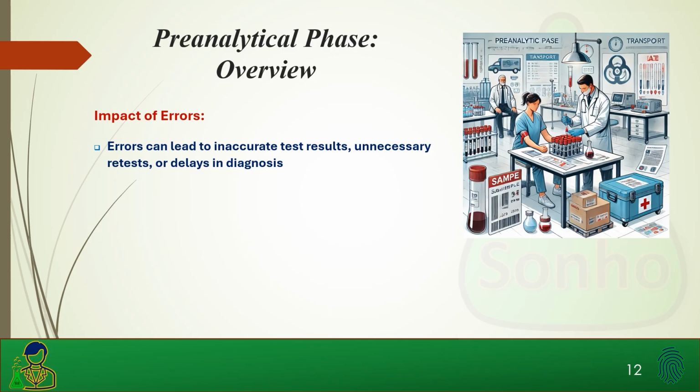Or worst case scenario, if it's hidden or not tracked properly, it can lead to inaccurate test results. If there's a stability issue, if you're testing a pathogen and it got to an elevated temperature for an extended period of time, and the DNA and the pathogens have degraded, you may not be able to identify it. On the flip side, if you have a CBC, your blood cells may have lysed, and you don't have an accurate count anymore.